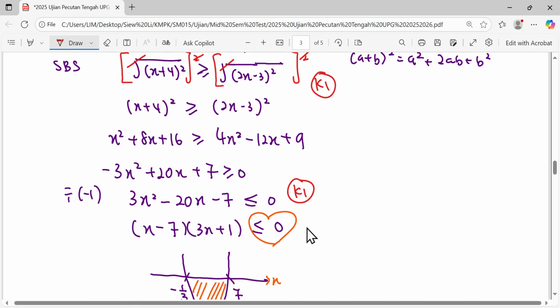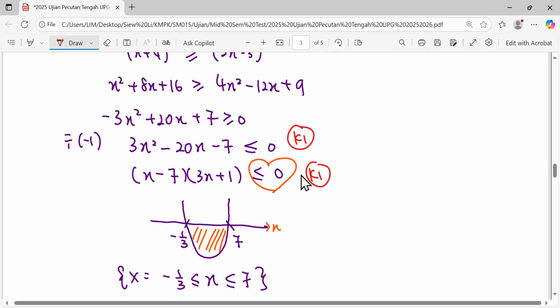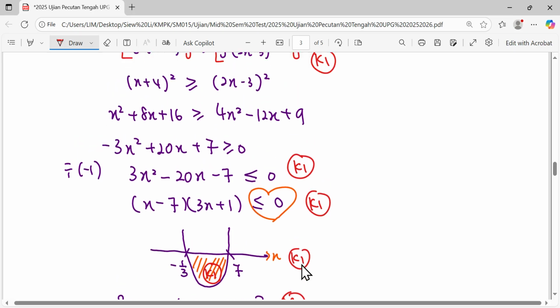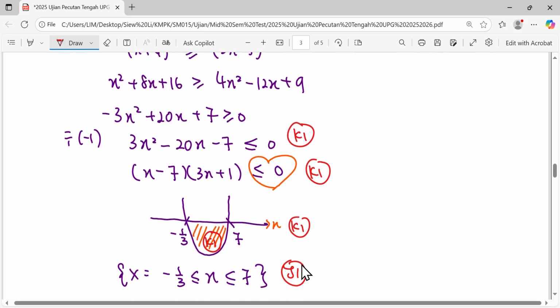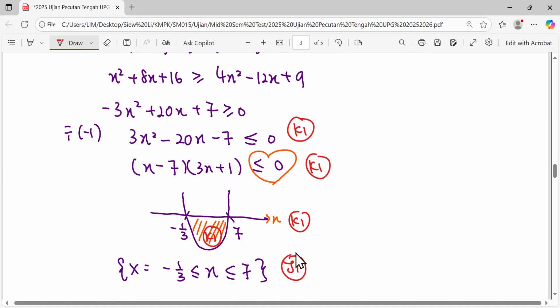Then you factorize it completely, you factorize it correctly, drawing the graph correctly and shading the region correctly, then you can get the answer. So here we have our 6 marks. 1, 2, 3, 4, 5, 6.